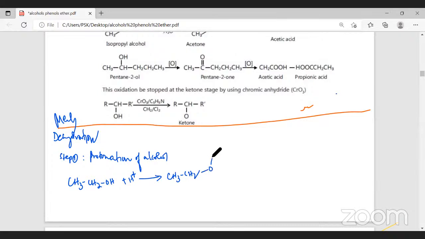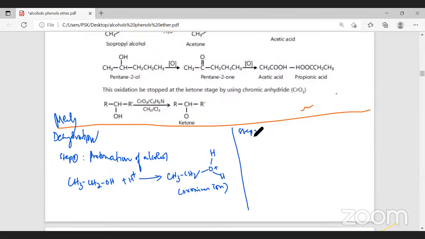That O I will write like this, H. This H plus attacks oxygen, so this H plus will go on oxygen. This is called protonation of alcohol, and this ion is called oxonium ion. This is the first step in dehydration. When you protonate alcohol, you get oxonium ion.